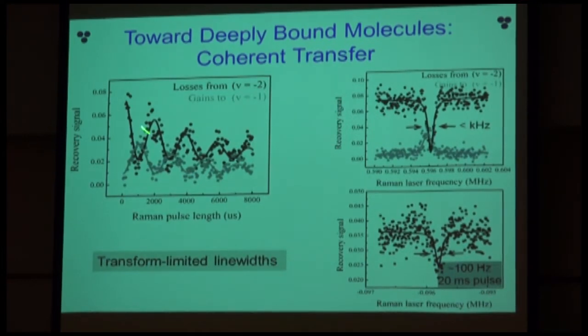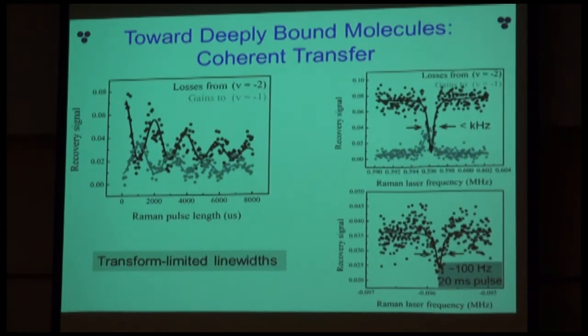This is a picture in time, again looking at losses of molecules or gains on the gray trace, either way. This is a picture in frequency domain. When we scan the frequency, we can see this resonant loss. The peaks we see are transform limited, which means the widths are basically limited by the length of the pi pulse we apply, which is where we want to be.